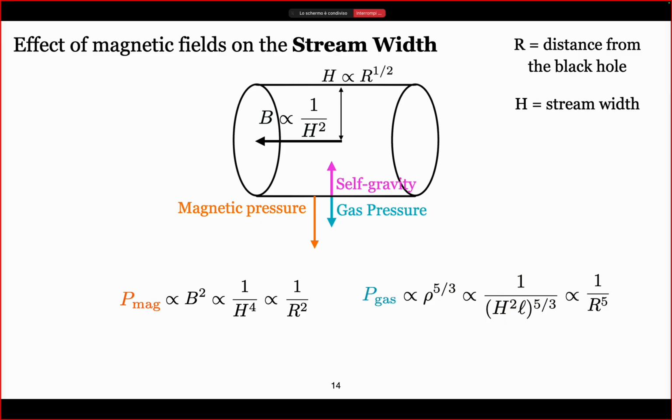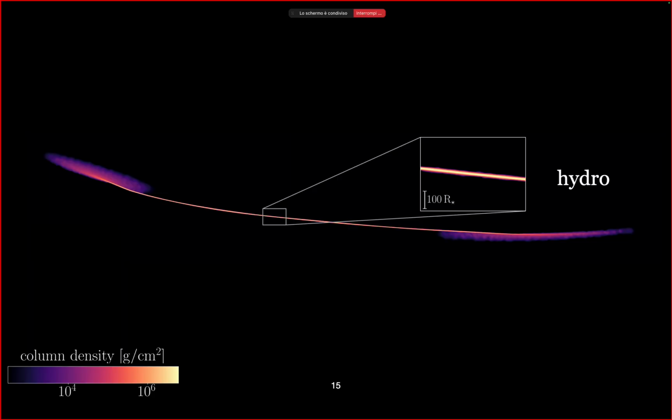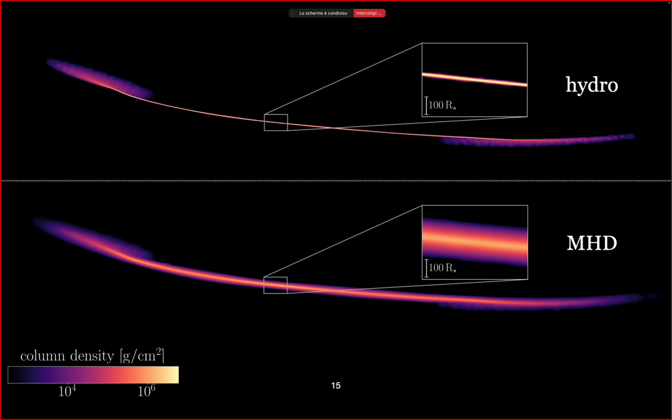So we looked for this effect in the simulation. Here you can see the whole stream at some time after the disruption, in the hydrodynamic case, and you can see that the stream is quite well confined by self-gravity. If we include magnetic fields, actually a strong enough magnetic field, the stream is by eye much thicker.